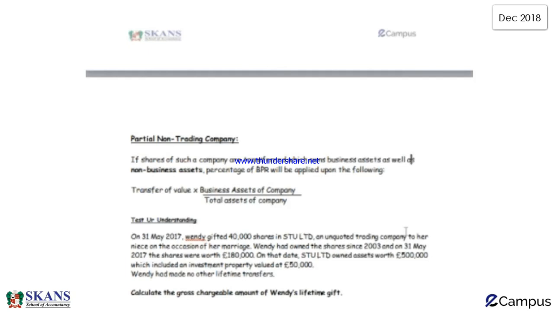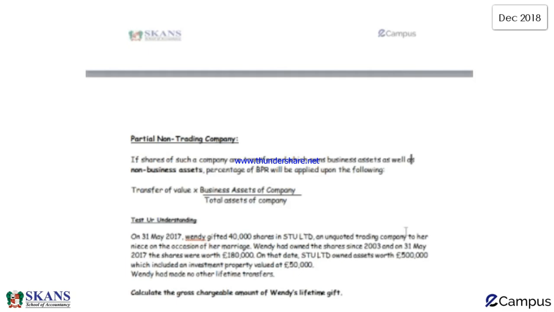If the company owns 50% business assets and 50% non-business assets, only 50% of your transfer value would qualify for BPR.